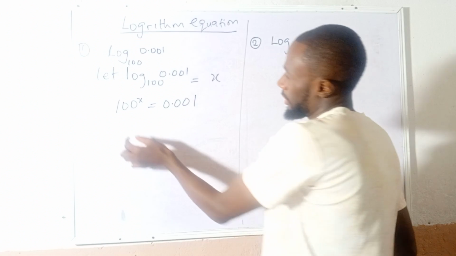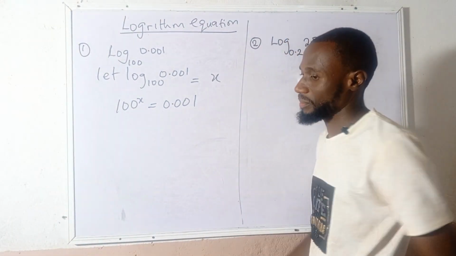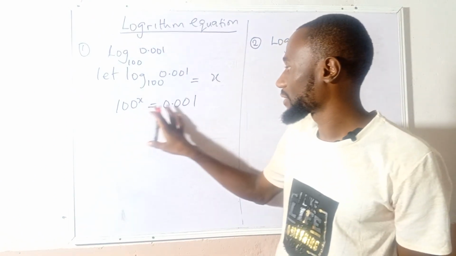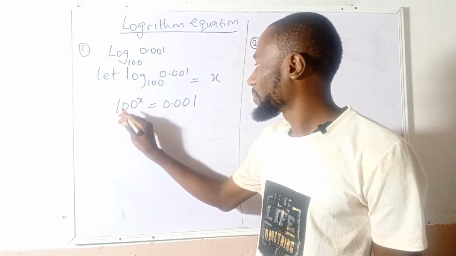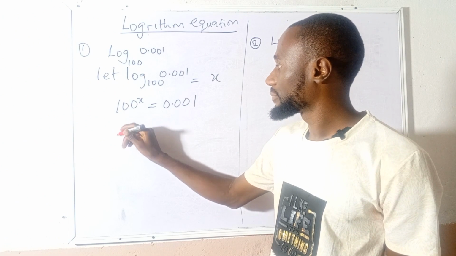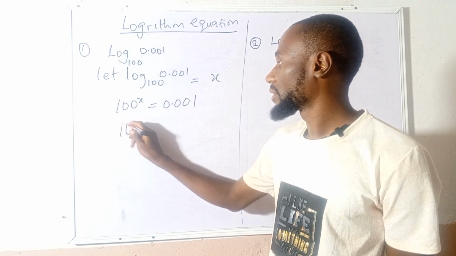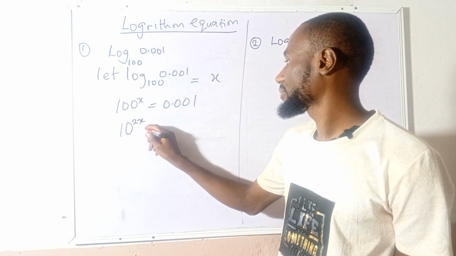Secondly, let's find the index of 100 and convert it into standard form. If you convert 100 raised to x in standard form, we'll have 10 raised to the power 2x.